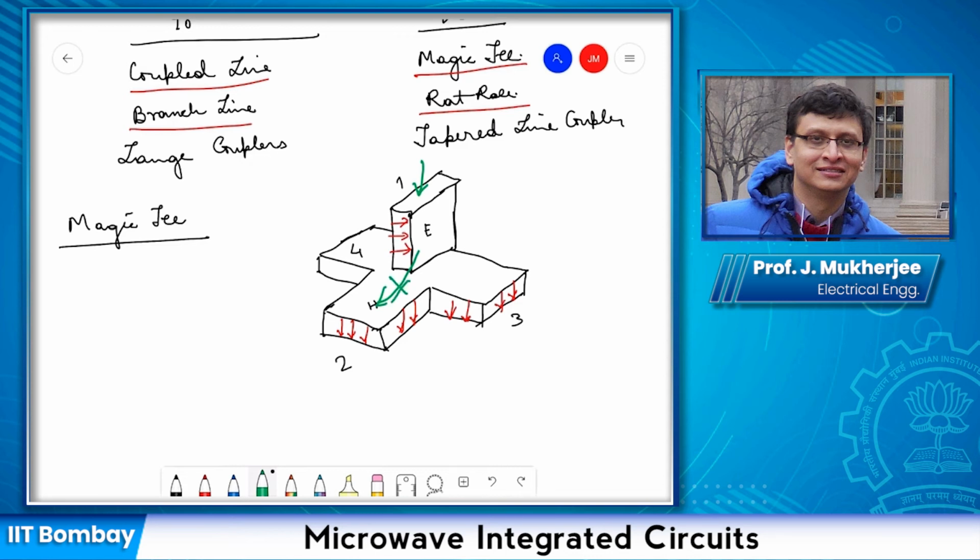And that's why port 1 and port 2 are isolated. So S12 will be equal to 0, and so will S21.